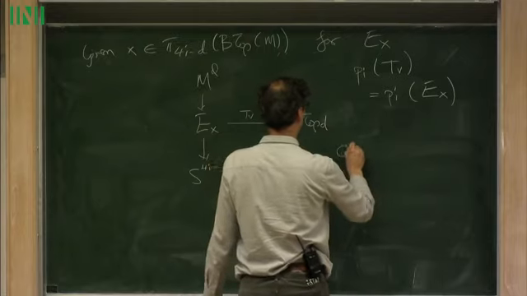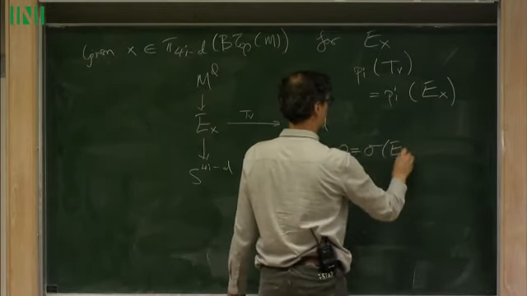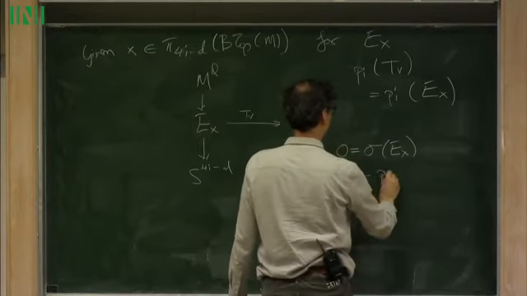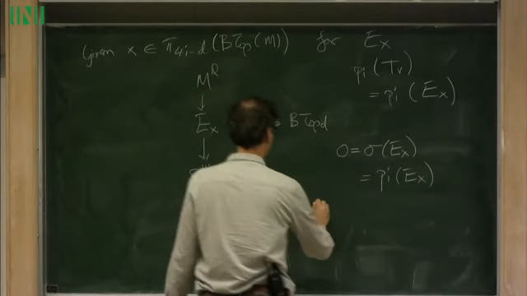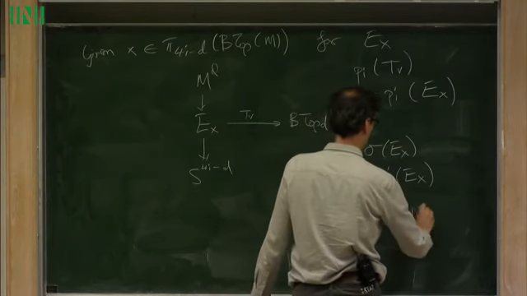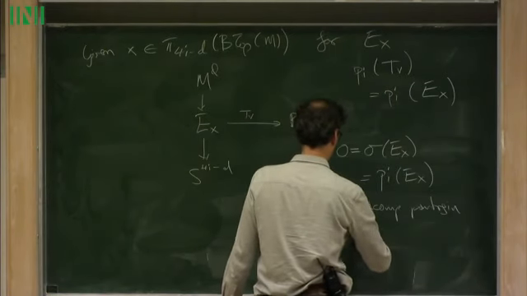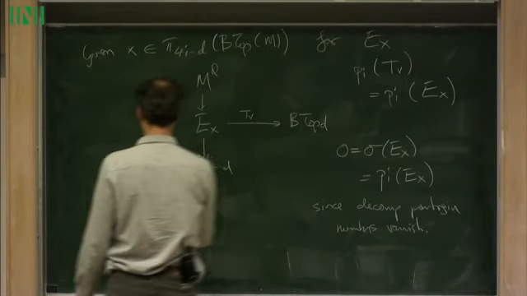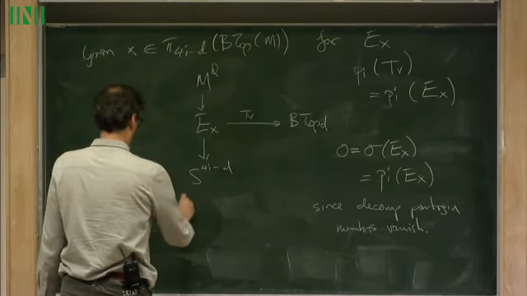Now we know that since we have a bundle over a sphere, the signature of Ex is equal to 0. But that's equal to Pi of Ex, since the decomposable Pontrjagin numbers vanish. I mean, I guess I'm assuming that 4I minus D is bigger than 1. Right?